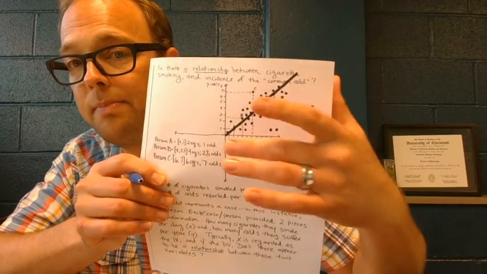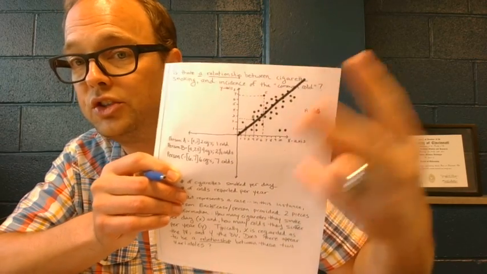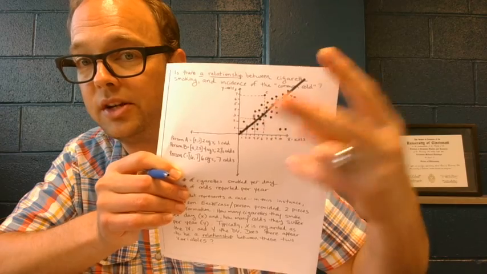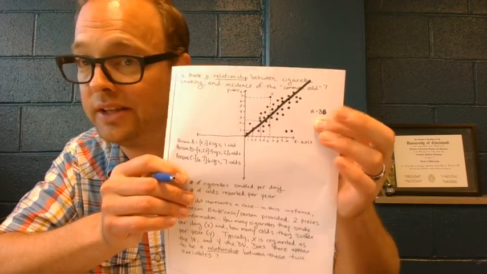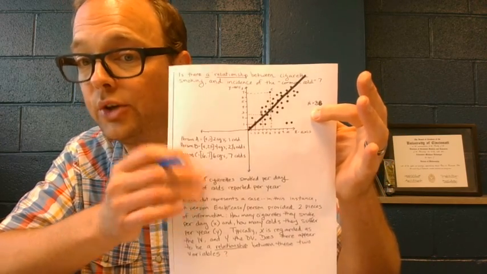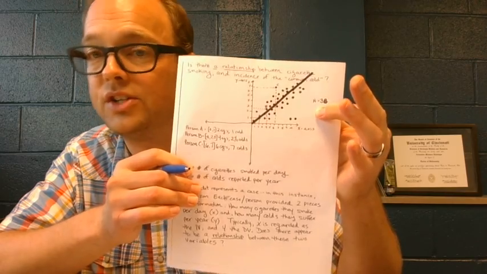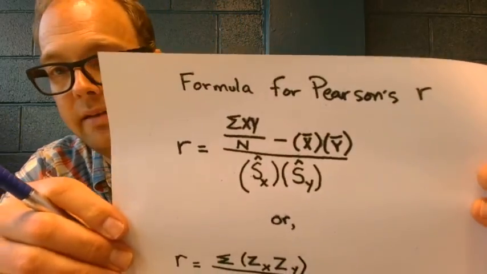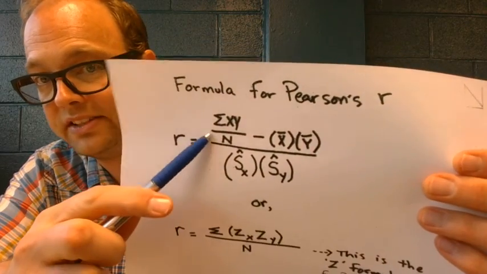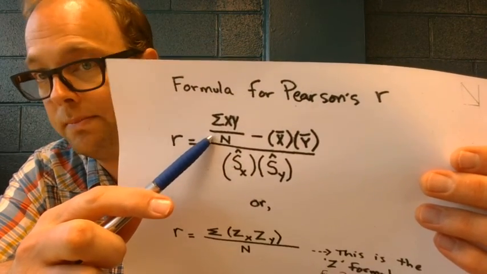The 38 people provided us with information on those two variables. However, our n is, in this case, 38, because 38 people provided us with that information. So n is 38.